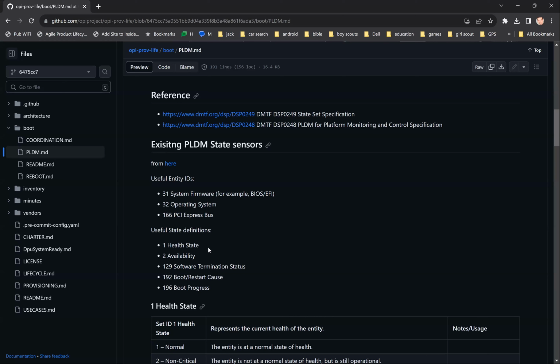Yeah. Anyway, I say that because I'm not sure of all the proof points of using this spec, right? The spec's defined, but I'm not sure that anybody's really tried to implement much of it beyond health and availability for a NIC.